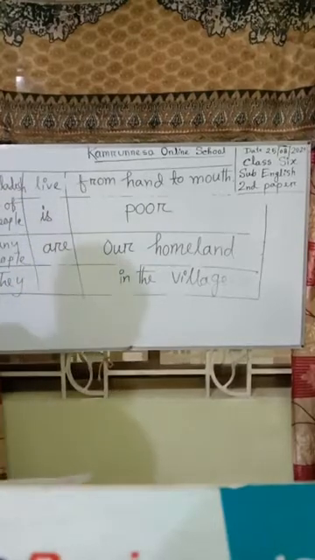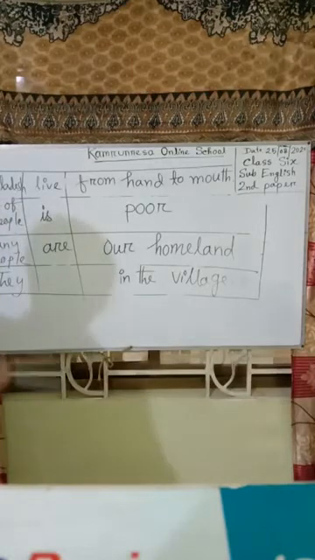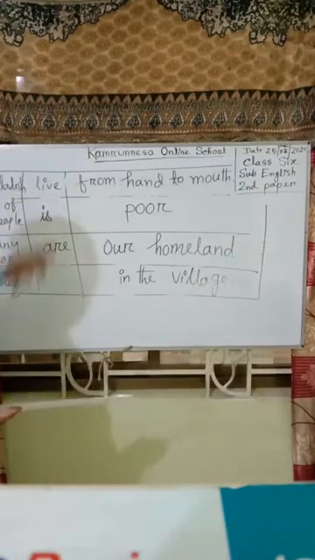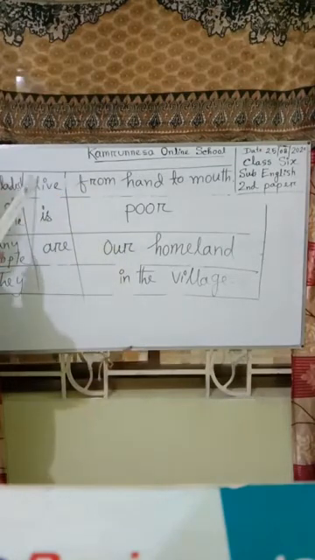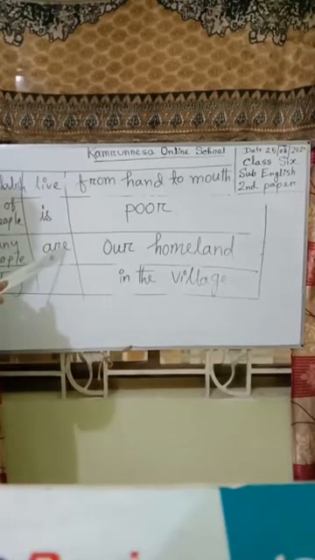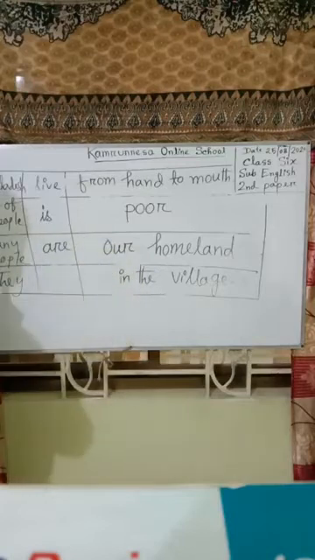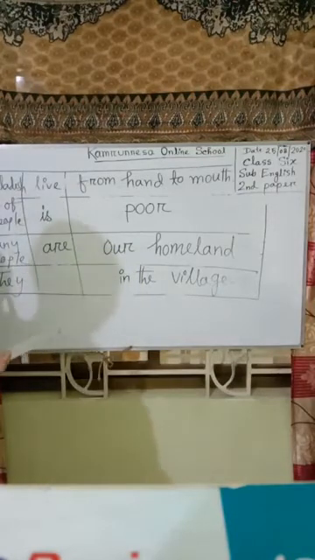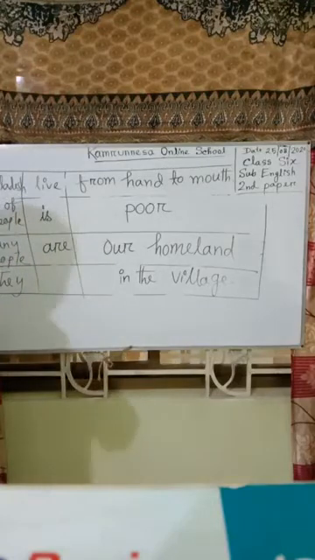Number one. Next, most of the people, অধিকাংশ লোক, live. If we use verb live, most of the people live in the place. Many people, অনেক লোক are poor. And last pronoun they. They will be used in lieu of people.